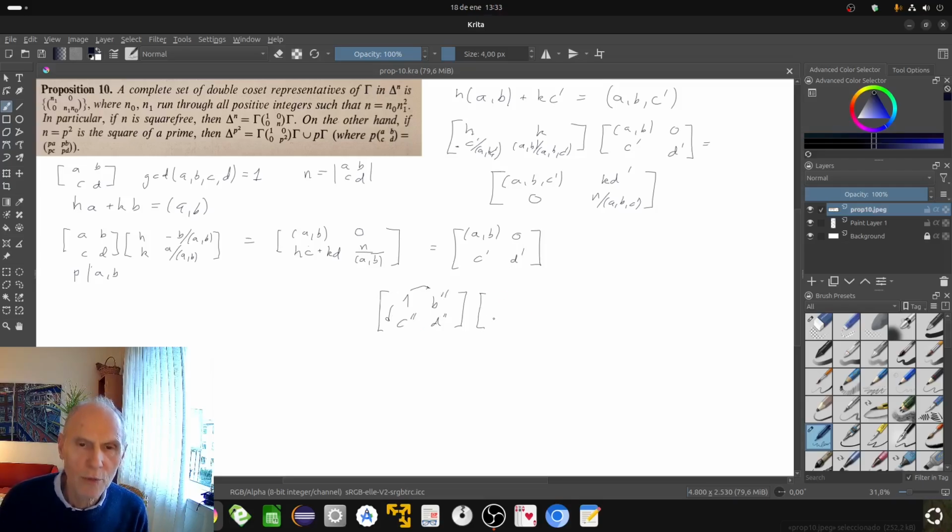I'll just do it with 1. So let this be plus, this minus, this plus, and this naught. Ah, that was wrong. That's the second row. That must be minus b double mark unity.